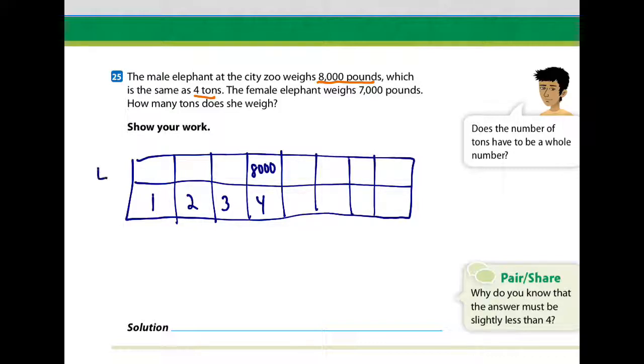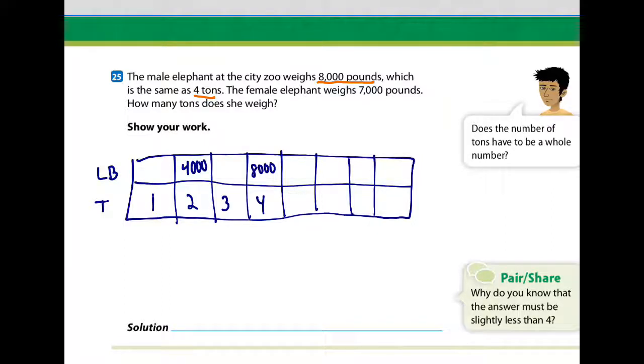So I'm going to put LB up here, and I'm going to put T down here for tons to label it. Now, this says the female elephant weighs 7,000 pounds. So let me go through and fill in some of this table. Now, I know, to go from 4 to 2, I just cut it in half, right? So half of 4 is 2, half of 8,000 is 4,000.